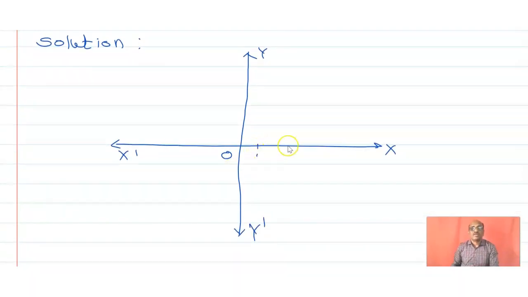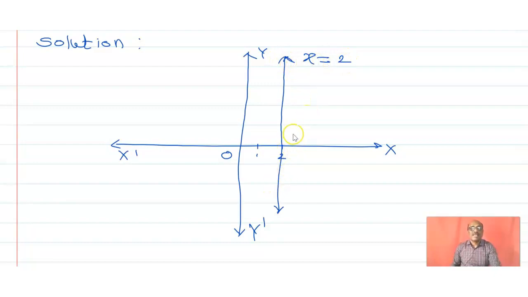Suppose here is 1 and this is 2. x equals 2 is a line parallel to the y-axis. Here is the line x equals 2.